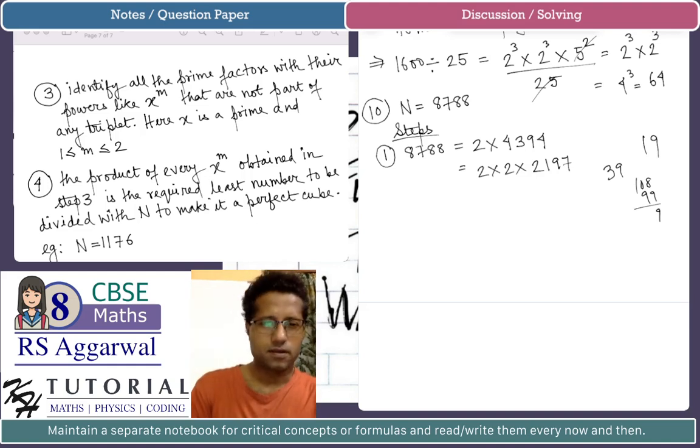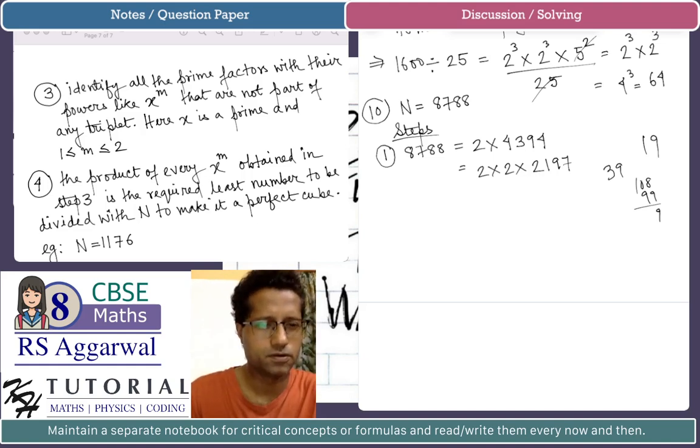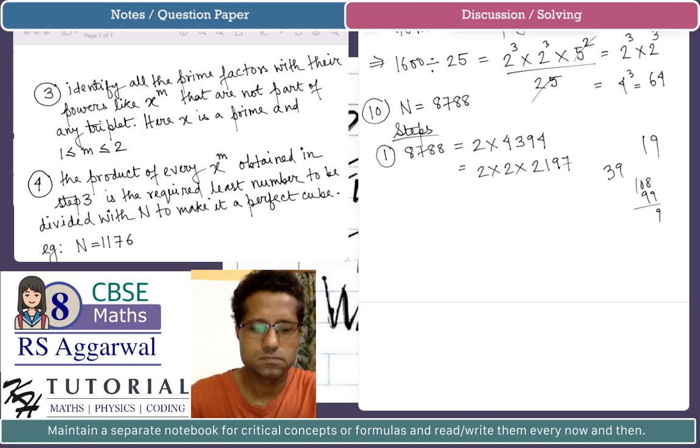I'm sorry, friends, I cannot figure out what is the prime factorization of 2197. This is really, really frustrating. Let me quickly check. I am taking the help of the internet to find the prime factorization.